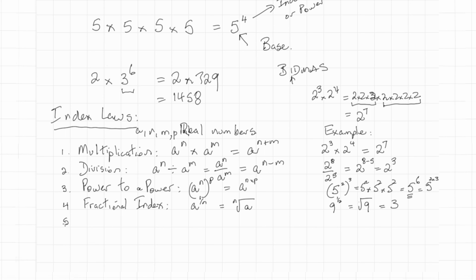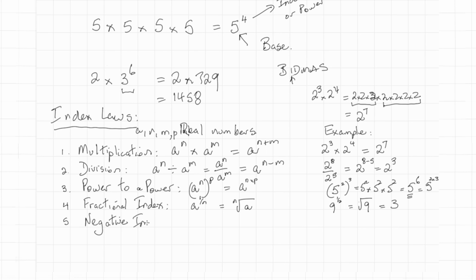Okay, number 5 is the negative index. So a to the minus n, we need some sort of meaning for a negative power, and that's just 1 over a to the n. And the opposite applies.